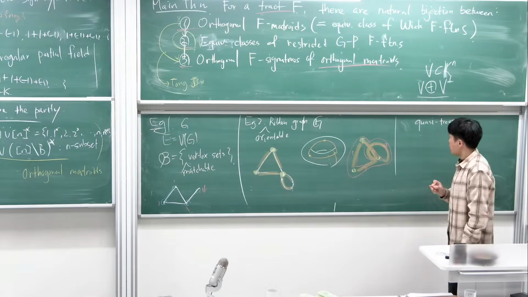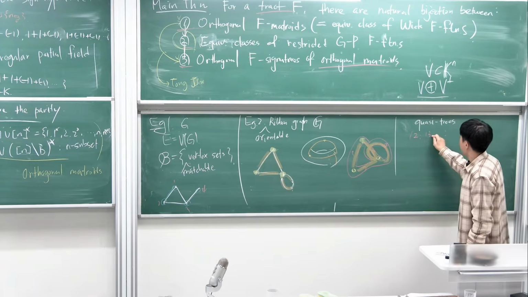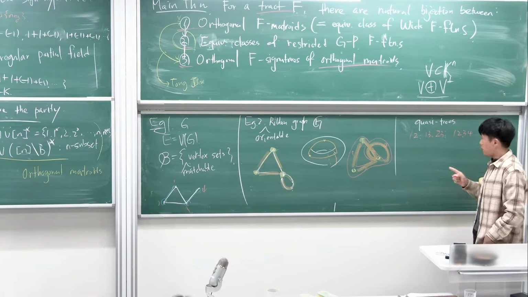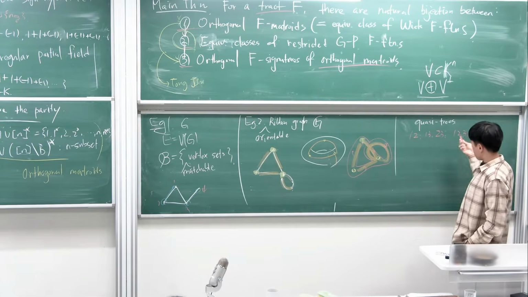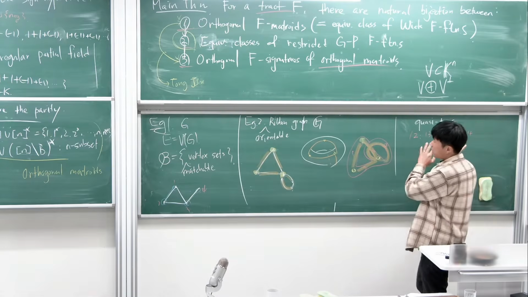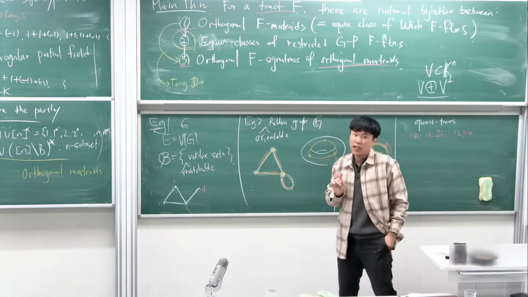So the spanning quasi-trees here are just 1, 2, and 1, 3, 2, 3, and 1, 2, 3, 4. Of course, it contains all spanning trees together with some additional things. And if you collect all those kinds of edge sets, then it also forms a delta matroid.